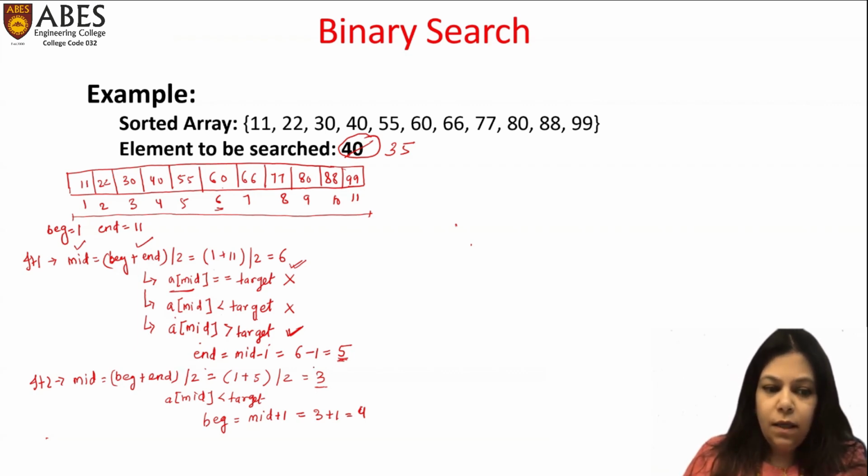Then in the second iteration, mid will be calculated, which will come out to be 3. And the value of a[mid] is 30, which is less than the target. Again, the target is 35. So the beginning will be shifted to mid plus 1, that is equal to 4.